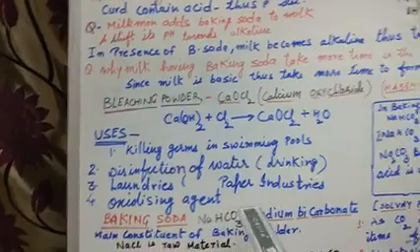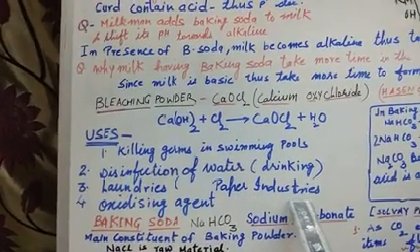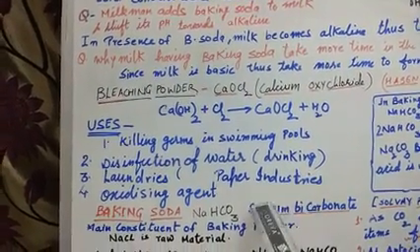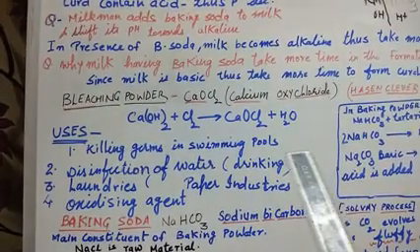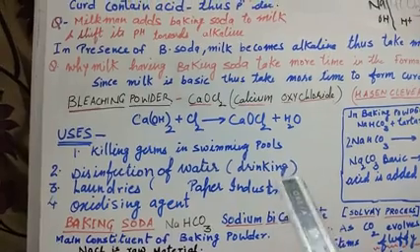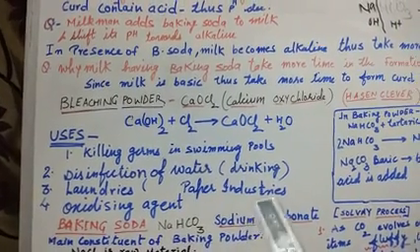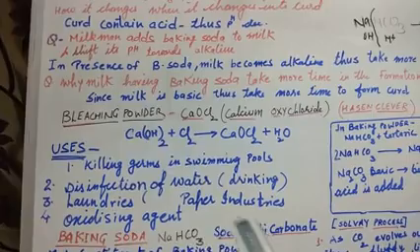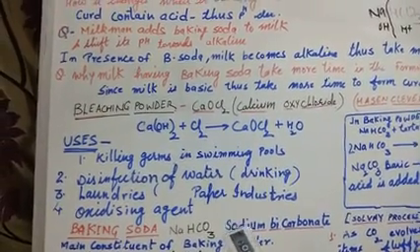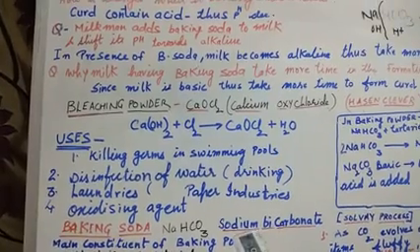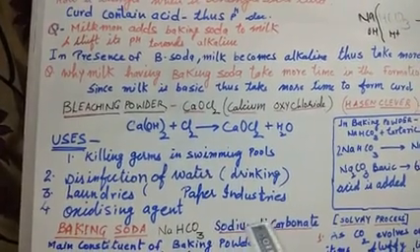Next, in the paper industry also it can be used, again for bleaching of papers, for lightening the shade of paper. As the paper comes in contact with the bleaching powder, its shade decreases. It gets lighter.